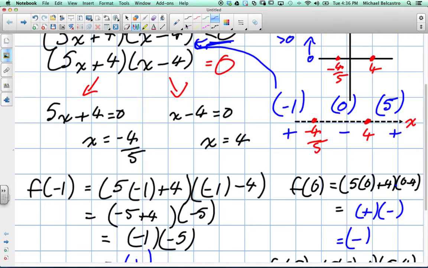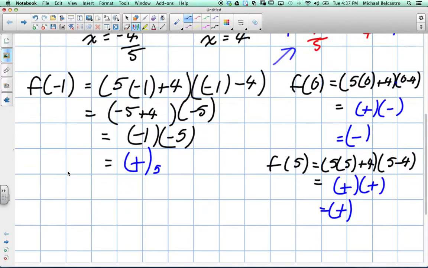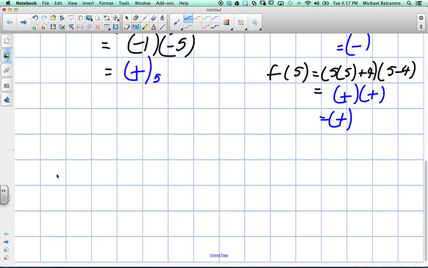So what we have discovered is, and this is how we represent it on our number line, but if we were to write it, our equation, if we called it f at x, so the function is less than 0 when x is less than positive 4, but greater than negative 4 over 5.